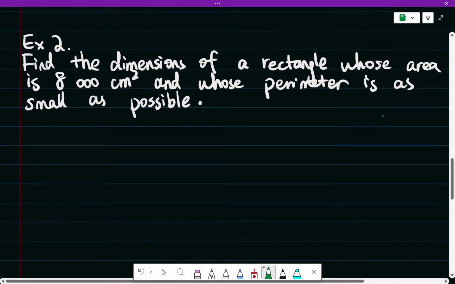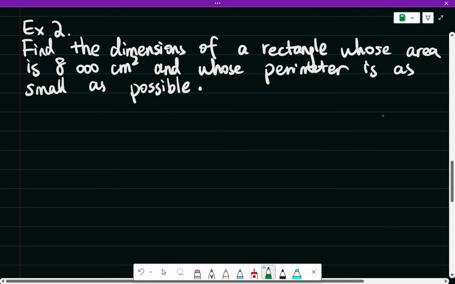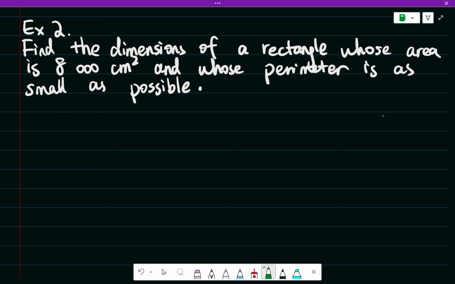Next example, example number 2. Find the dimensions of a rectangle whose area is 8,000 centimeters squared and whose perimeter is as small as possible. So first, we still need to set up variables for any unknown factors in this question, and we can see that the unknown factors in the question are the dimensions of the rectangle.